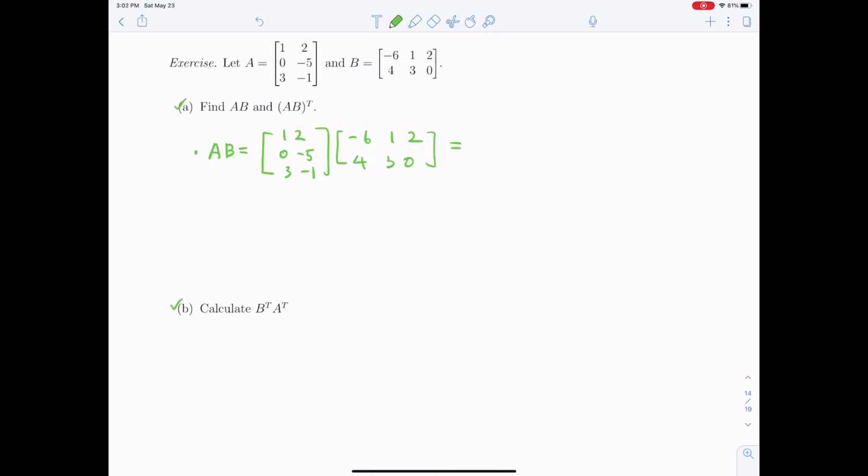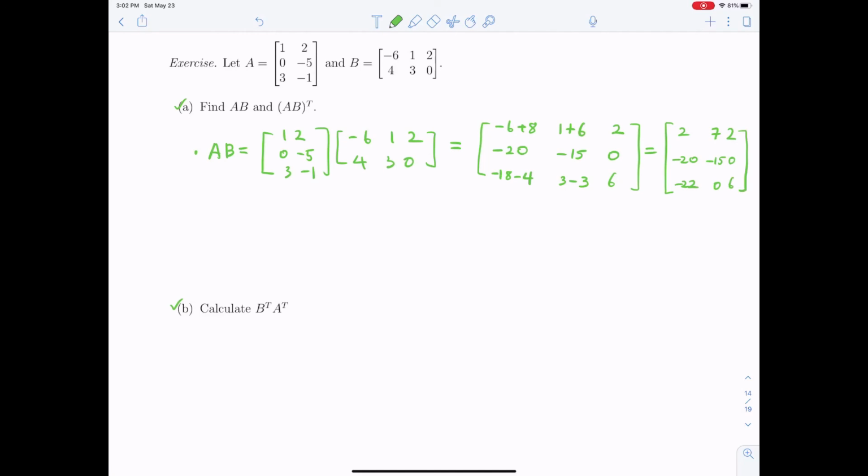If you calculate this entry-wise, then that gives you, I guess, negative 6 plus 8, 1 plus 6, and 2, negative 20, and negative 15, and 0, and negative 18 minus 4, 3 minus 3, and 6. And that will give you 2, 7, 2, negative 20, negative 15, and 0, and negative 22, 0, and 6.